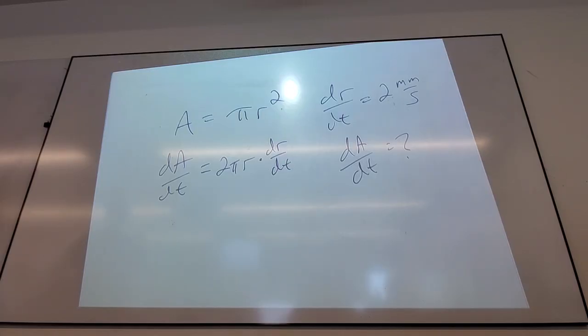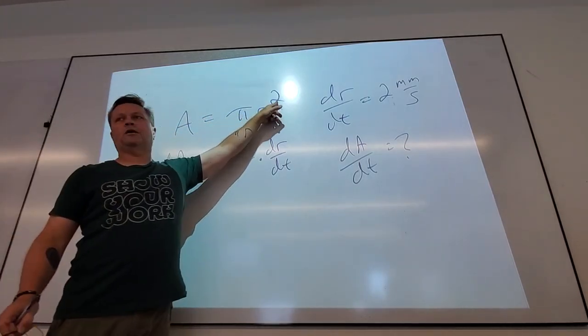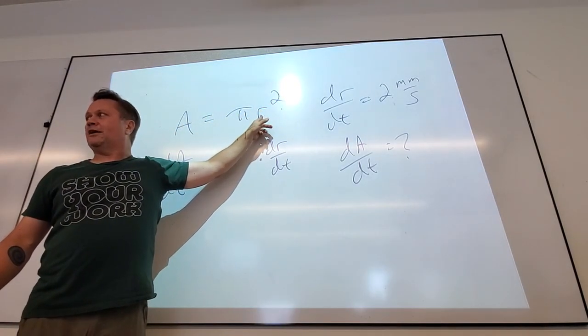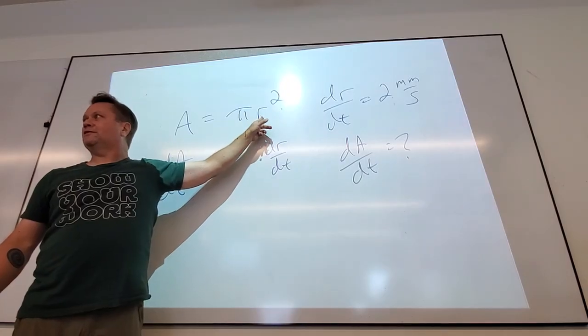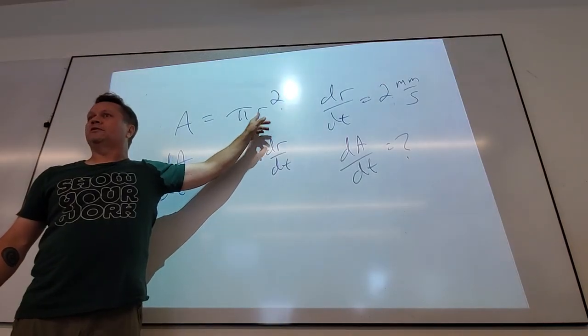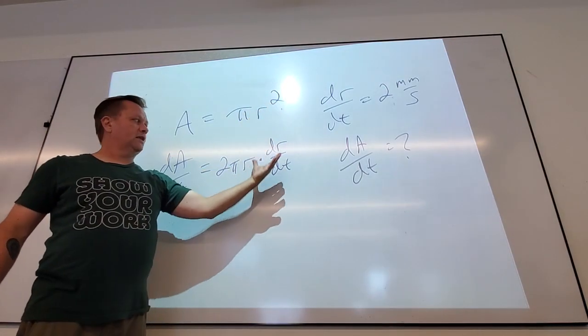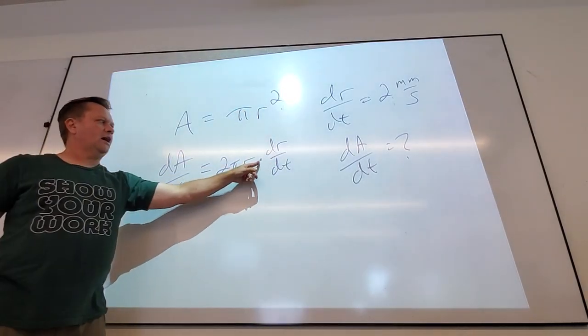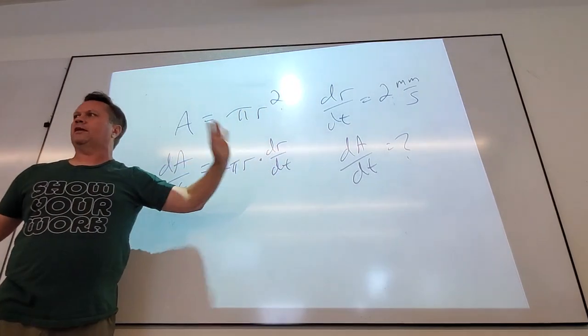That is just chain rule. What's inside of the square? A function of time, yes? Isn't r a function of time? You with me? So isn't there a function inside of another function? Isn't that chain rule? Derivative of the outside function, 2 comes down in front of it, times the derivative of the inside function. That's all that is.